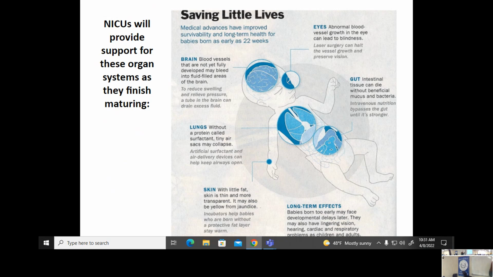So babies that are born very prematurely will first have kind of IV nutrition. And then they can start to be fed by a tube. And they will hopefully have breast milk, which is the best for them when they get ready to handle that. But they will have to have some digestive assistance, and it might have to be an IV at first.